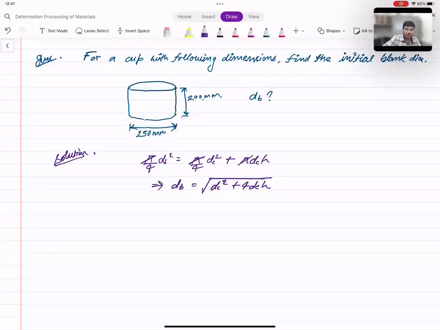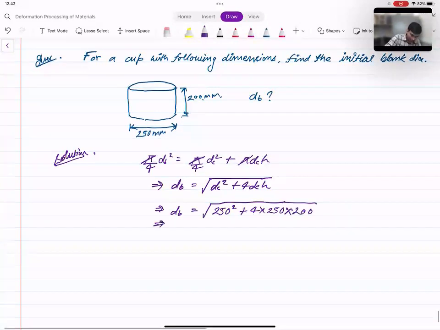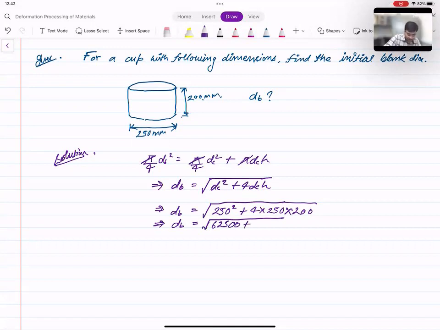Okay. And if we now substitute the values, we will get this dB as, DC is 250, so 250 square plus 4 into 250 into H, and H here is 200. So this becomes nothing but around 62500 plus 1000 into 200.